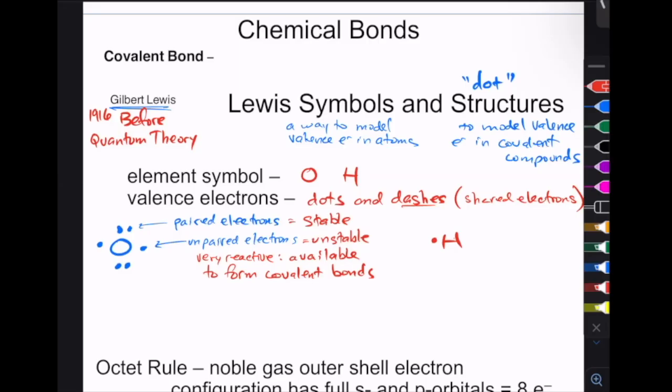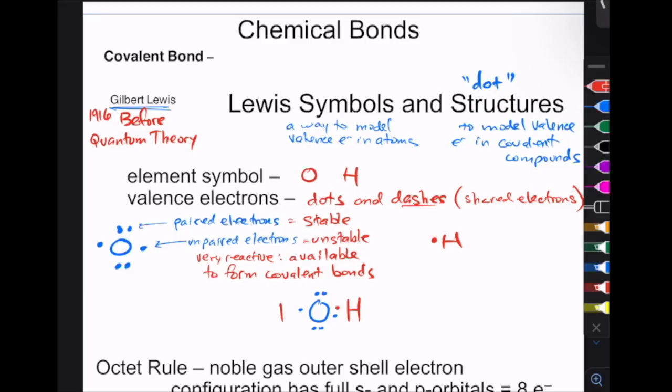Now, we know that when we mix oxygen and hydrogen, we make a molecule, dihydrogen monoxide, right? H2O. So let's show that now. And I'm going to keep my color scheme the same here. So here's my oxygen with the two pairs of electrons. So that's 4. And then here are the two unpaired electrons. And then I'm going to draw the hydrogens like this.